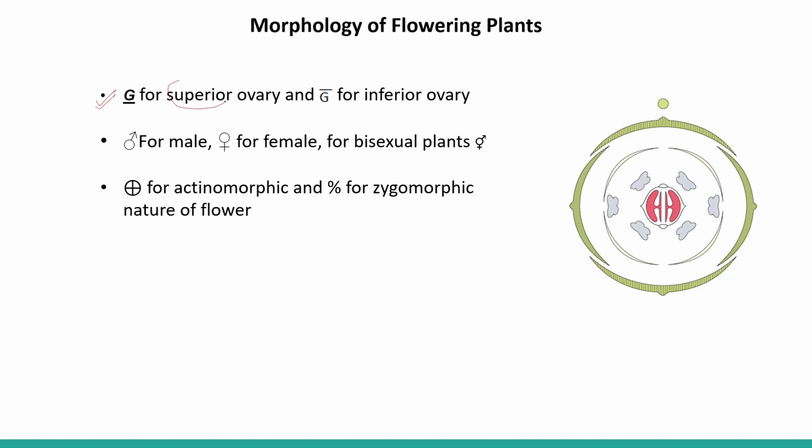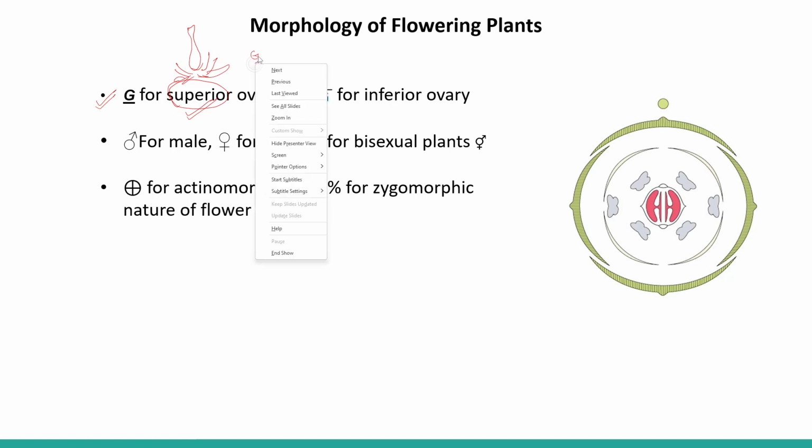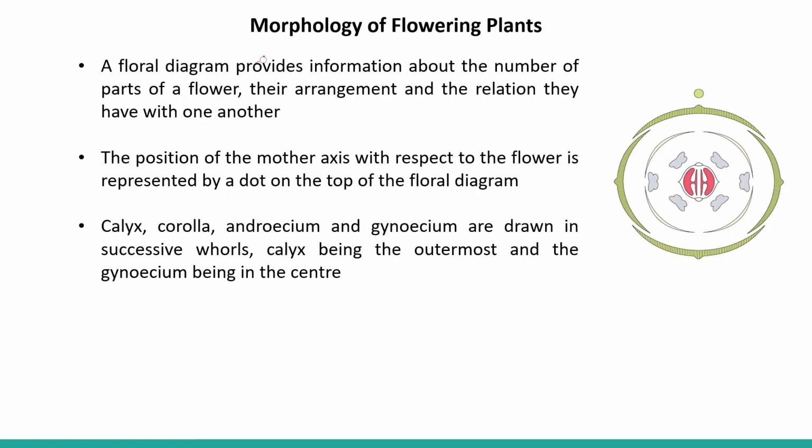If it is superior, it means the gynoecium is at the above position and all the floral parts are present below it. That is a superior ovary. How do we write a superior ovary in the floral formula? G with an underline below it, like this.